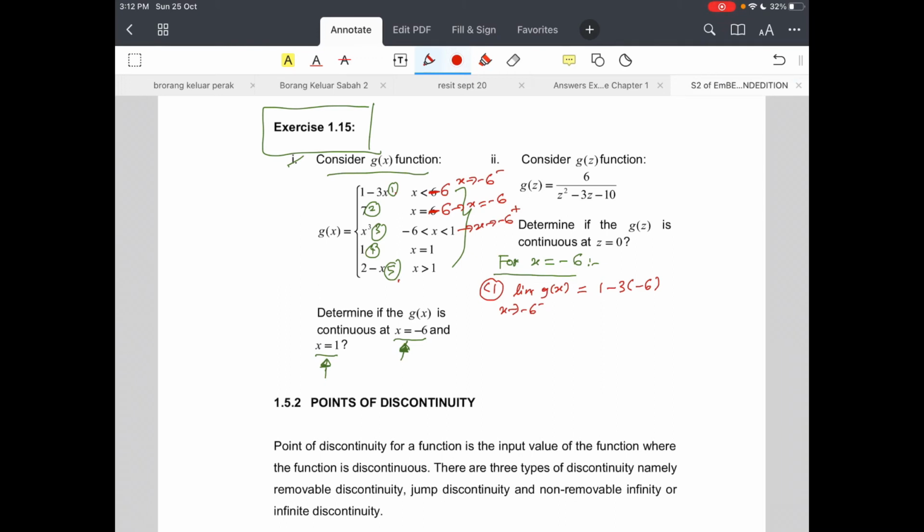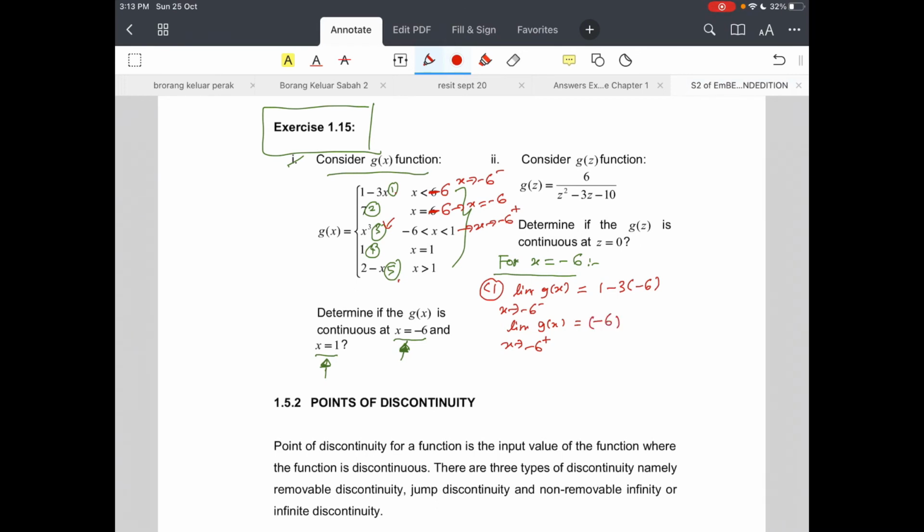What is your final answer? And then if you evaluate the limit of g(x) as x approaches -6 from the right, we are going to use x to the power of 3, function number 3 here.